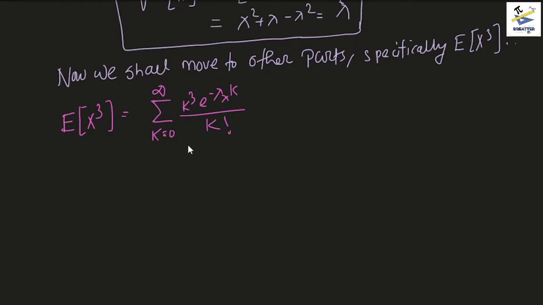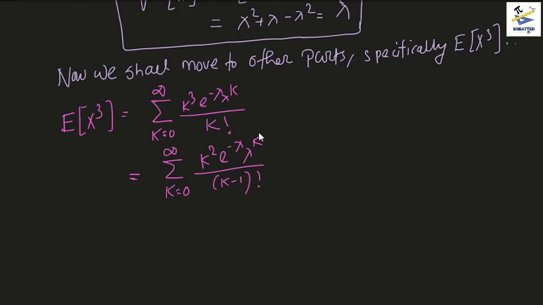I'm going to try to fully explain how to find it, as I have done with the first and second moments, but for the time being, let's see. So obviously the first step is to cancel out the first case, which gives us summation k equals 0 to infinity k squared e to the power minus lambda, lambda to the power k by k minus 1 whole factorial, right?